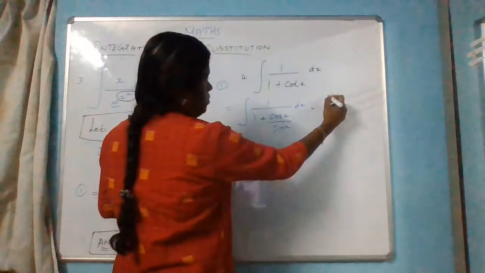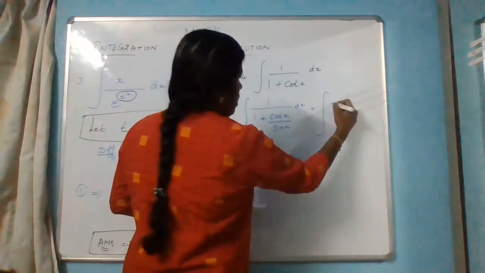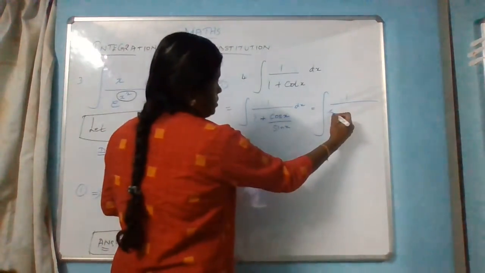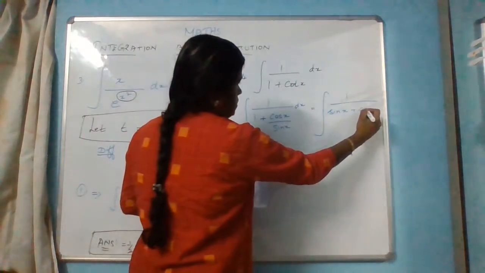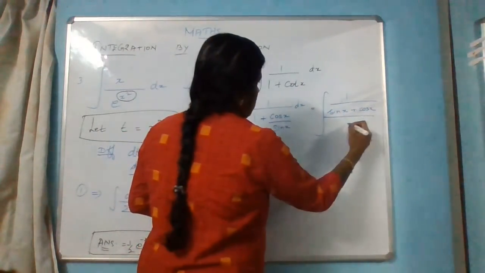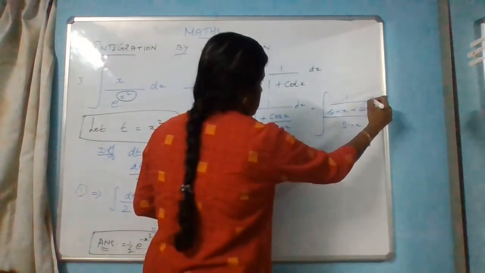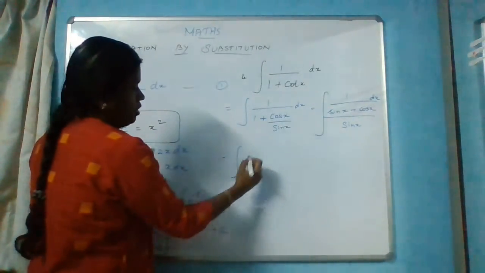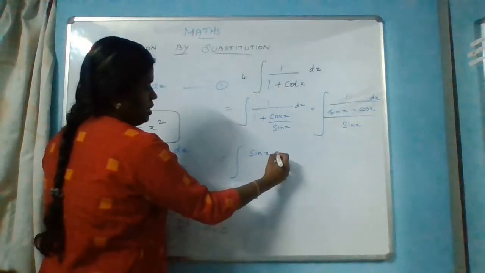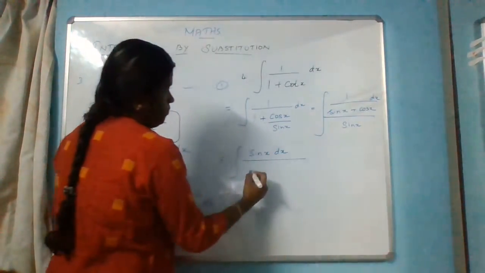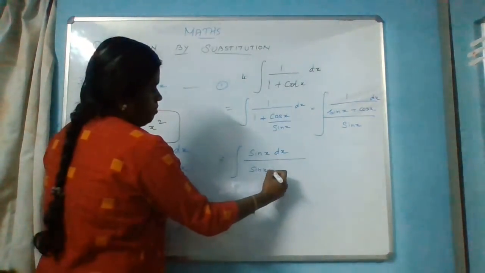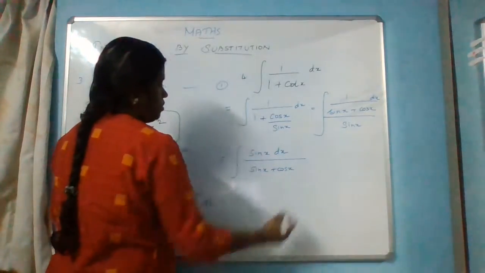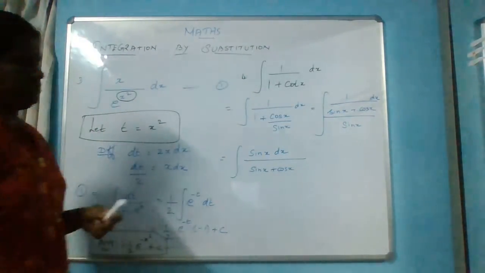So this becomes 1 by sin x plus cos x by sin x into dx. It comes to the numerator, so this becomes sin x dx by sin x plus cos x.